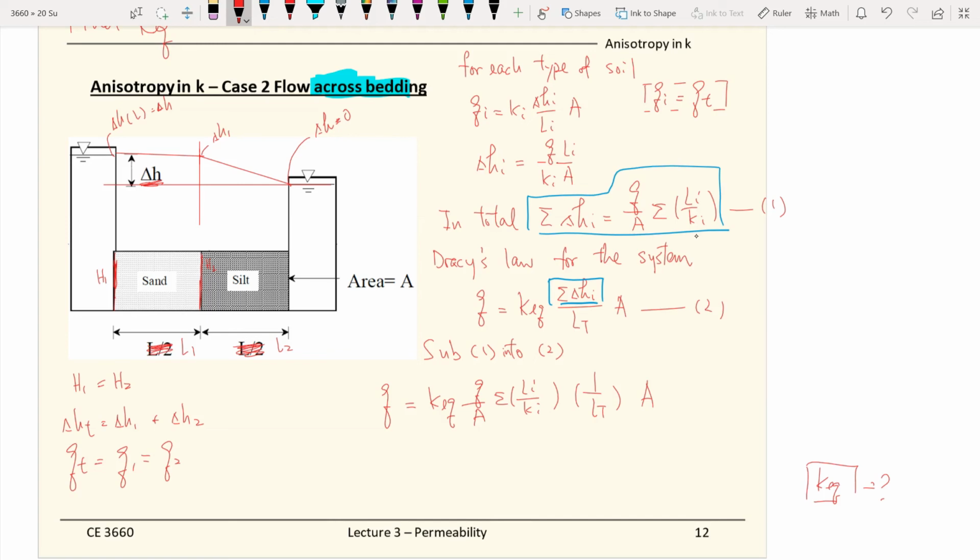If we look at these equations, there are some terms that we can cancel out. The Q terms are gone, the area terms are gone. And if we do our math, K_EQ will be equal to the total length divided by the summation of L_i divided by K_i. So we solve for what we need: the equivalent K for the system.